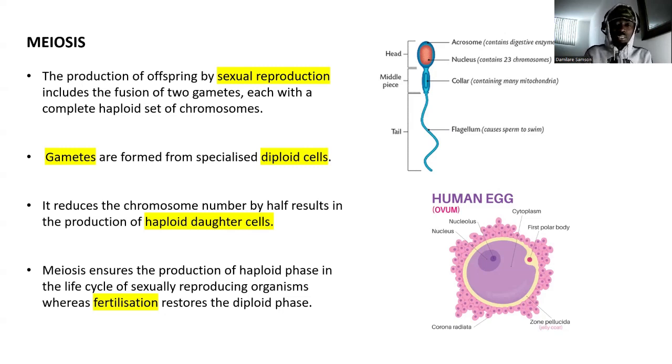Now, meiosis, look at your diploid cell, which is from the somatic cell, the body cell, the specialized ones. It will make sure it reduces it into the haploid phase, and fertilization will restore it back. What am I trying to say?